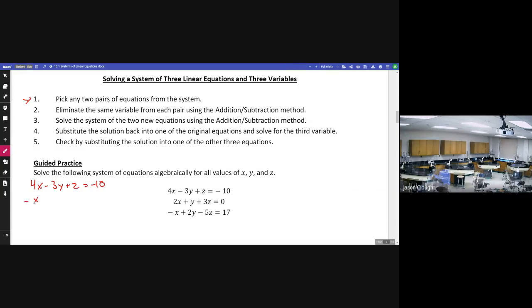Now, it doesn't really matter which equation you pick, but some equations will make life a little bit easier than others. In addition, the second pair that I'm going to do is I'm going to pick 2x plus y plus 3z, so the second equation, and I'm going to pick the third equation again. So one of the equations in the pairs is going to be repeated.